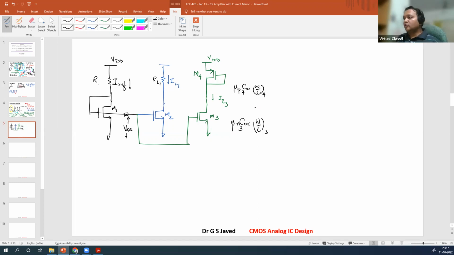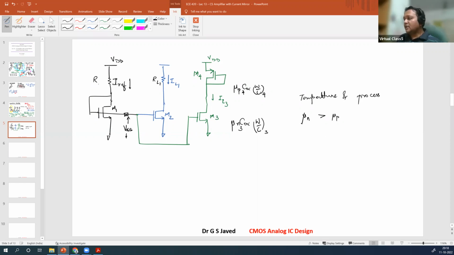How do you do that? Depending upon the temperature and the process, we know that the mobility of the charge carriers in NMOS is larger than the mobility of the charge carriers in the PMOS.